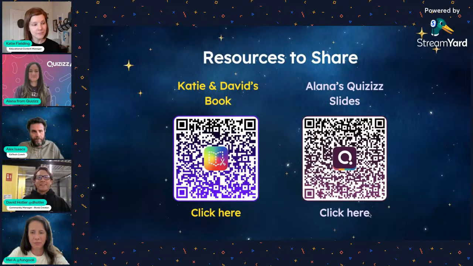But from Book Creator's standpoint, we are being cautious as we move forward, because, like I said at the beginning, simple is our special sauce. I think it's going to change education. I think it really already has. There's a huge shift, and we're excited to be a part of it. We're also excited to continue to champion creativity and authenticity and be a safe space for students to express themselves.